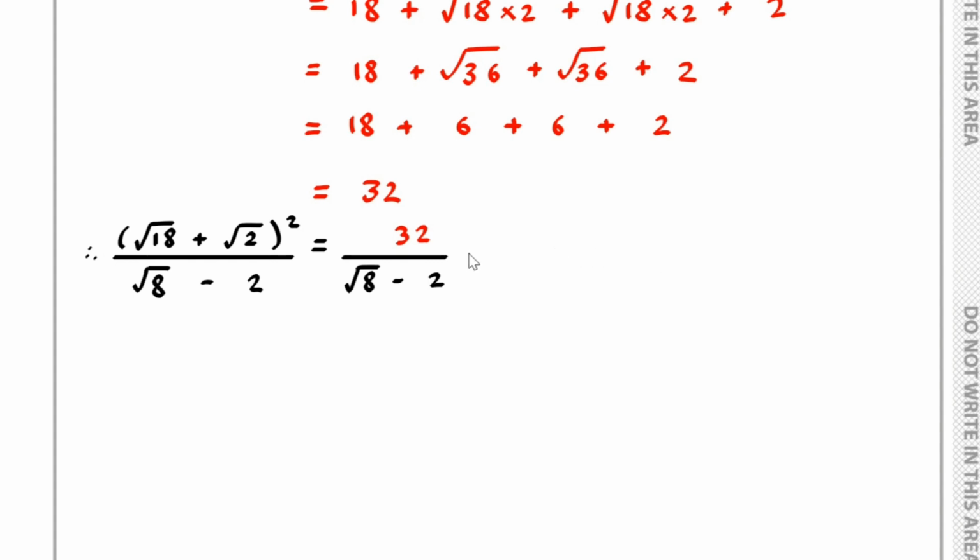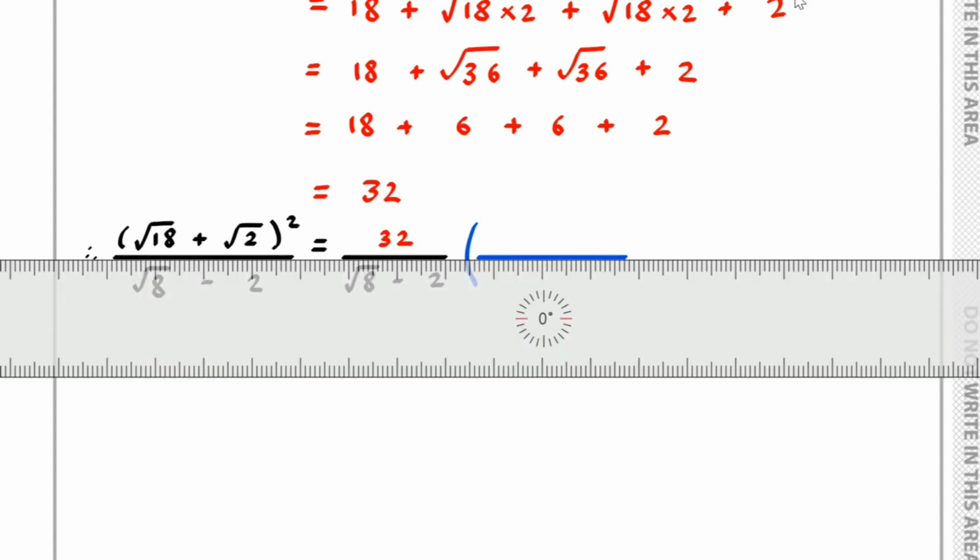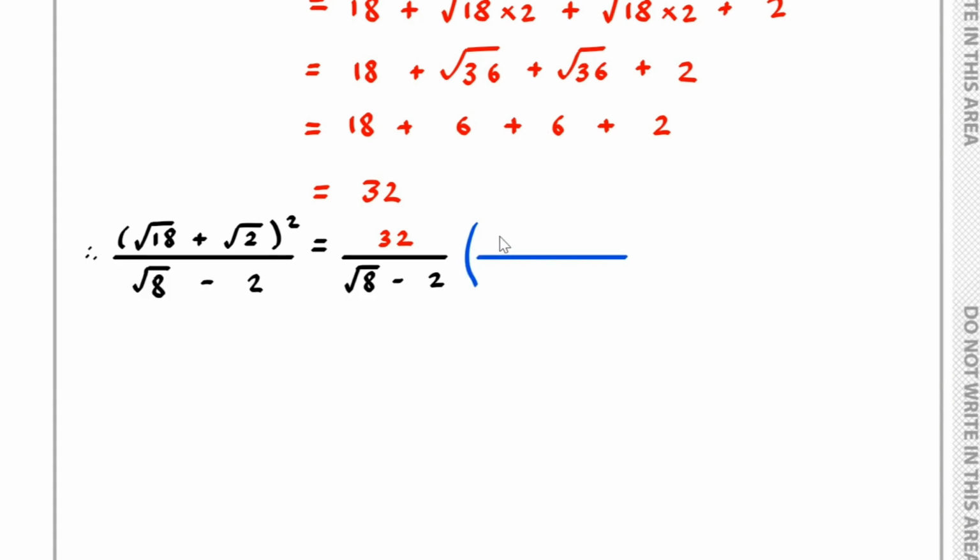And now for me to simplify this, what I have to do now is rationalize. So for me to rationalize, I would have to multiply both the numerator and the denominator by the conjugate of the denominator. So I need to multiply top and bottom by root 8 plus 2.